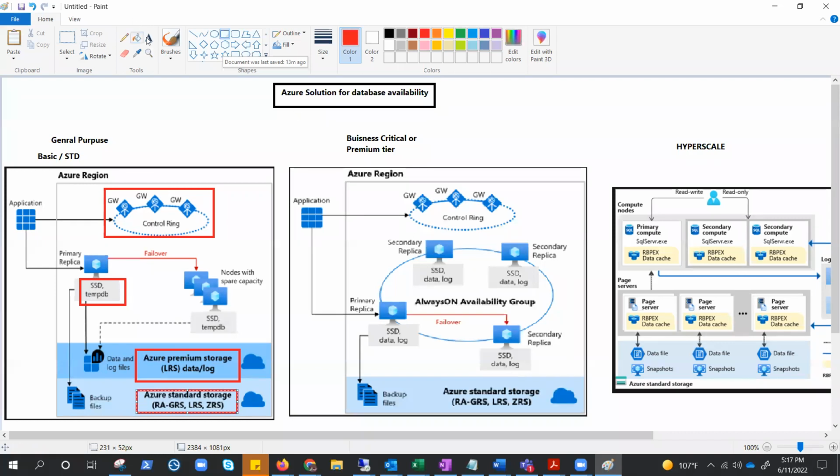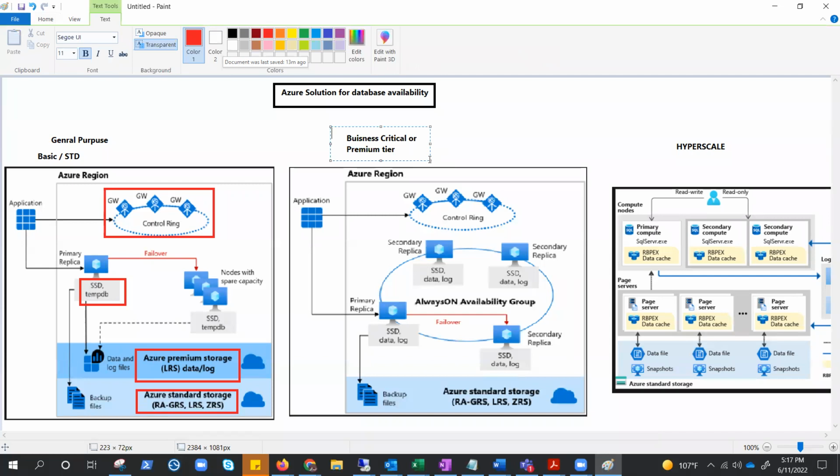All right, so next service tier, business critical right here. We can see next one is business critical or premium, because both have the same architecture. Business critical or premium tier generally achieve the highest performance and availability of all Azure SQL service tiers. What are we talking about here? All which are represented: general purpose, business critical, and hyperscale. This one, the middle one, business critical or premium, is the highest performance and availability.